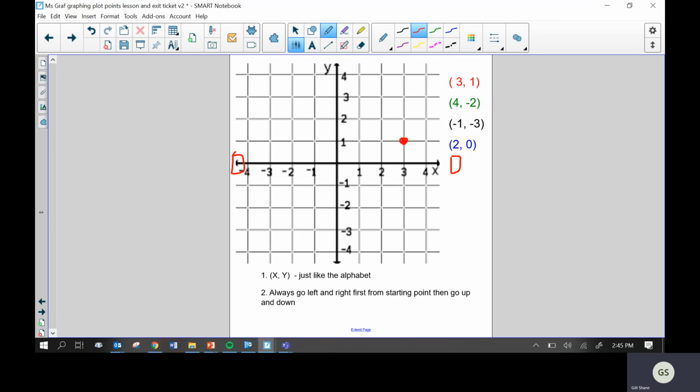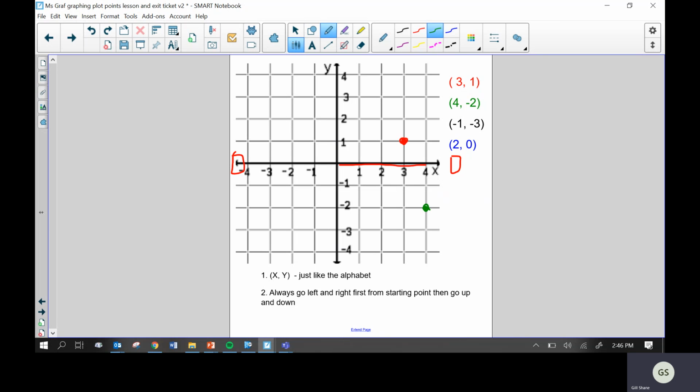So next point, I would go all the way out to 4, and then down to -2. Because in this case, I have 4, -2. Oh, I meant to do that in green, so I'm going to do that in green. I'm just going to put the point this time, though. So I go out to 4 and down to -2.